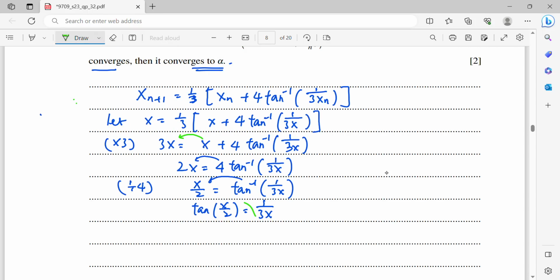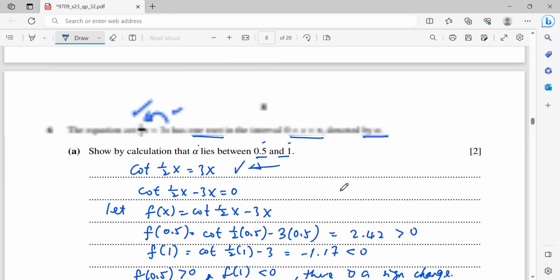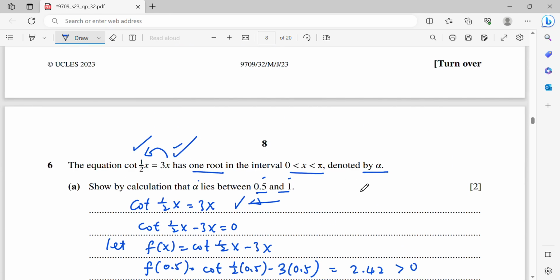This 3x moves up, this tangent moves down. So then you will be getting 3x equals 1 over tangent x over 2. That means this is cotangent half x. Then the left hand side will be 3x. So this is exactly the same as the given equation.